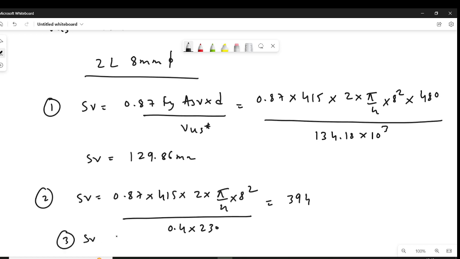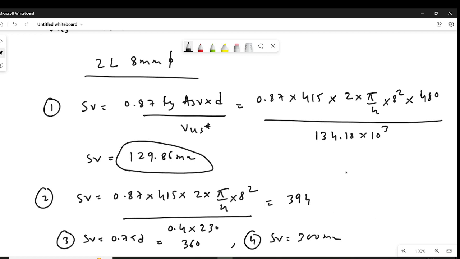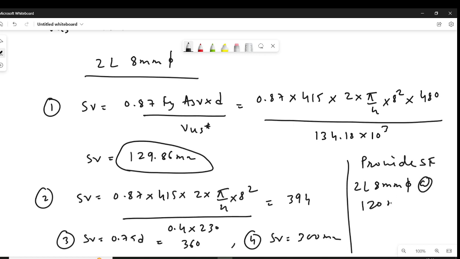Third one will give you Sv equal to 0.75 d, which will come as 360 mm, and fourth is Sv equal to 300 mm. The lesser of the four is this value. You can provide shear reinforcement of two-legged 8 mm bar at the rate of 120 mm center to center.